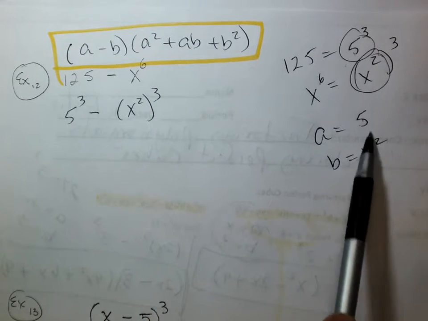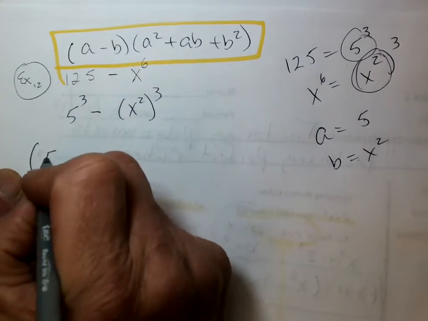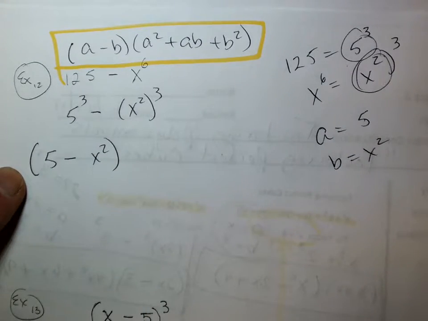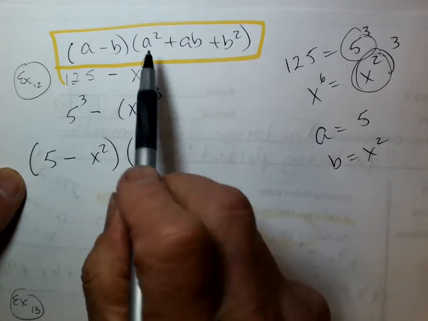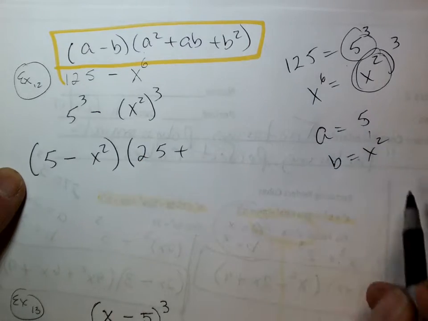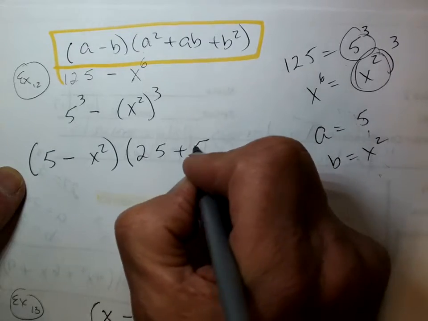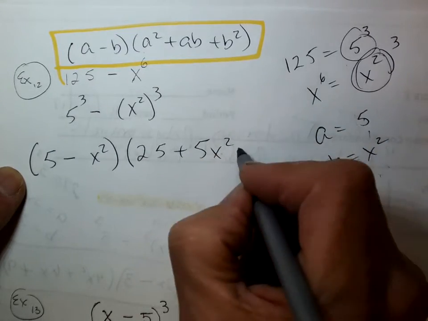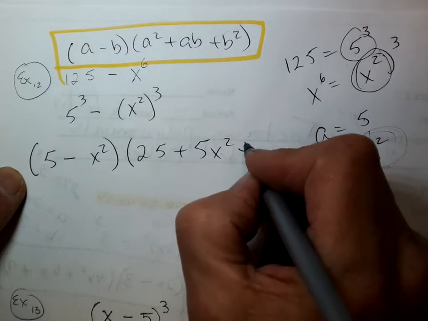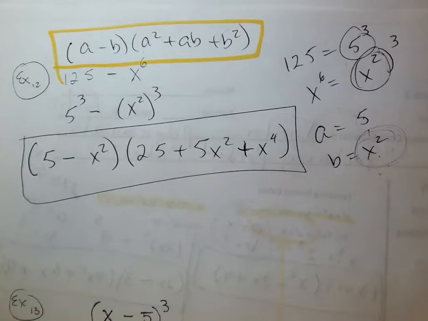Parentheses, 5 minus x squared, parentheses, let's see, a squared would be 25, plus ab. So if I multiply those two, I get a positive 5x squared plus b squared. So if I square that, I get an x to the 4th. Okay, there it is.